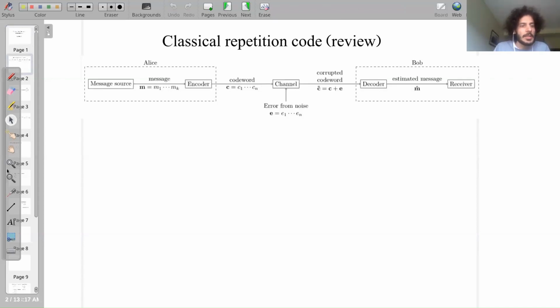So last time we said that the way classical error correction works is within this model, at least the simplest kind, where you have Alice who wants to send some messages. So she has a message M, which is some sort of bit string, and she tries to send it.